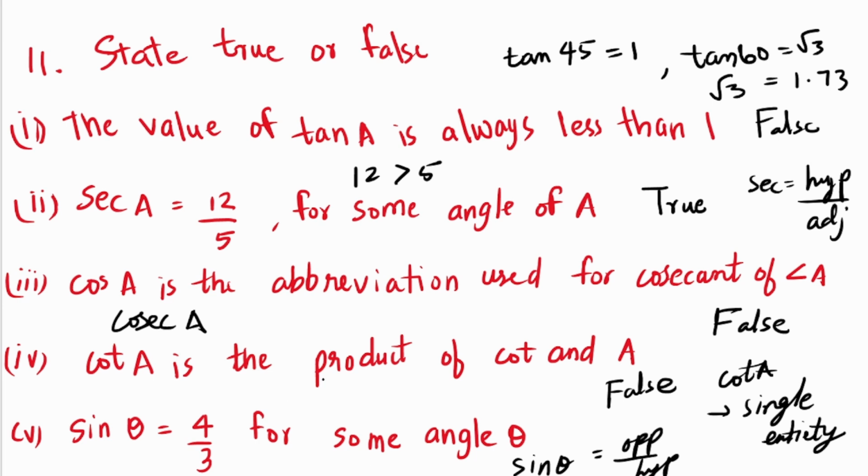So this statement is false. If in the question it's given sine theta equals 3 by 4, for some angle theta, then it is true, because 3 by 4 means opposite by hypotenuse. Hypotenuse is 4, which is greater than 3. So the hypotenuse is the longest side of a right angle triangle, so it should be greater, right? I hope this question is also clear.